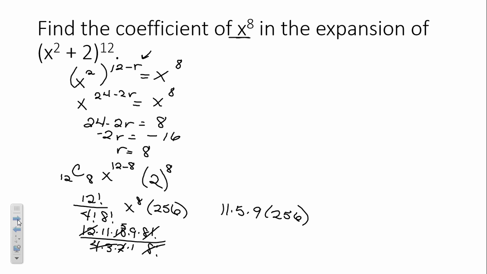We get a huge number, don't we? Even bigger. This one might be 495. Yes, times 256. The final result is 126,720. And unfortunately, I can't do that in my head.